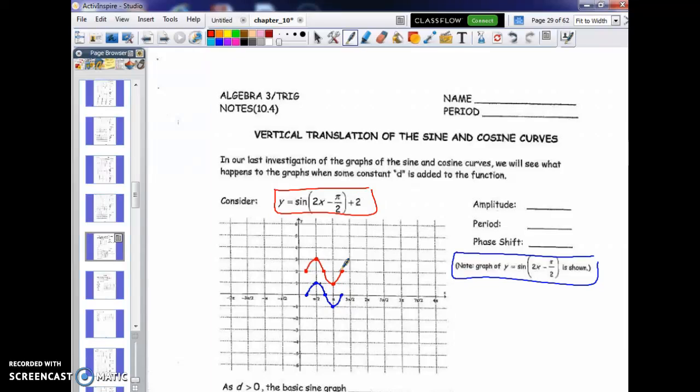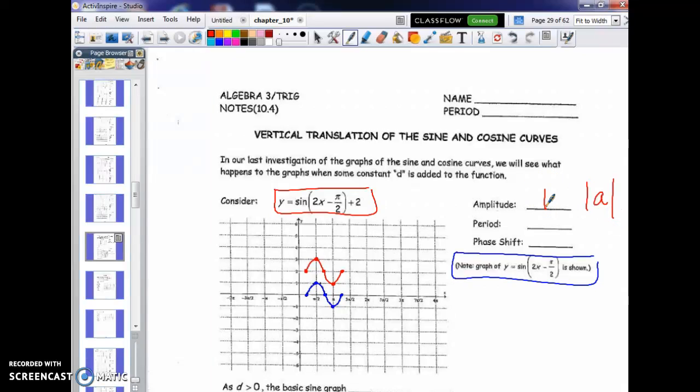Some of the things we might want to identify from my function in red is the amplitude. Again, the amplitude is the number in front of the word sine or cosine, that's being multiplied to it there. So our amplitude is the absolute value of 1, so it's going to be 1.